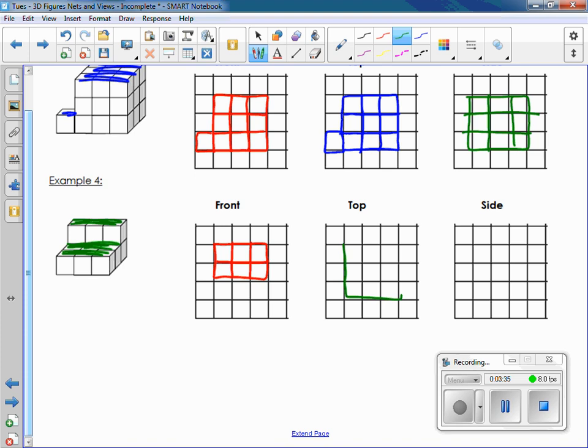So 3 rows of 3. And then the side, I'm going to take it, and it's like I'm going to be taking it and rotating it this way. So I'm going to see these 3 with 1 on top. So it should look like that.